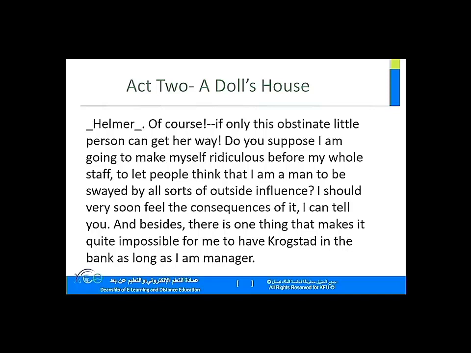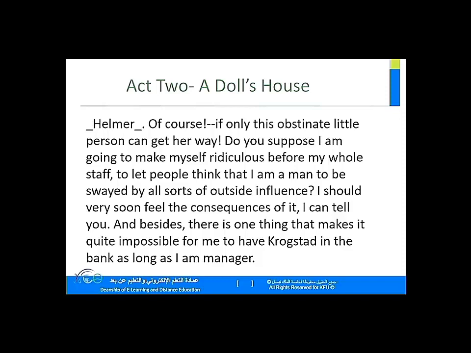Now, Krogstad felt that Helmer, who is now the manager of the same bank in which Krogstad is working, will dismiss him. Why? Because of maybe his bad reputation. He also had the same problem of forgery, and there was like a case for him.